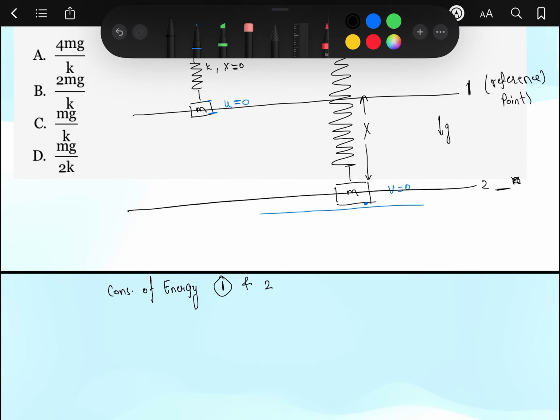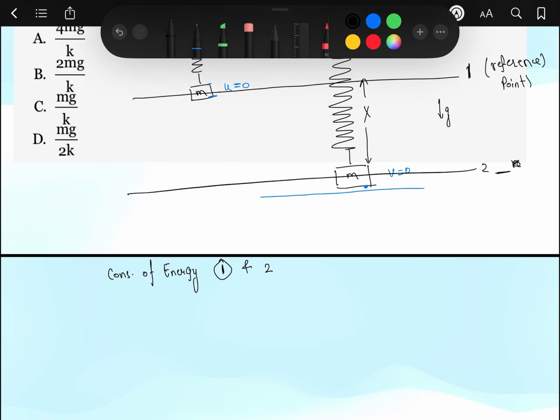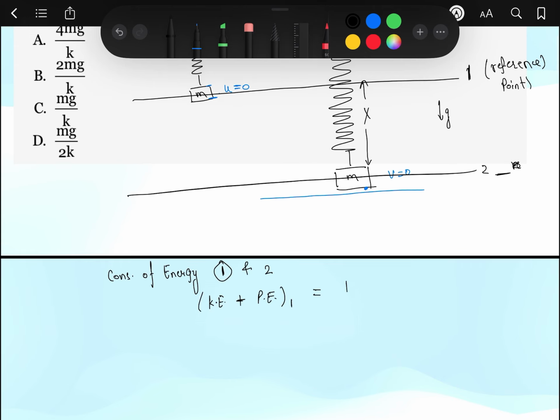So total energy at level 1, kinetic energy plus potential energy at 1, will be equal to kinetic energy plus potential energy at level 2.